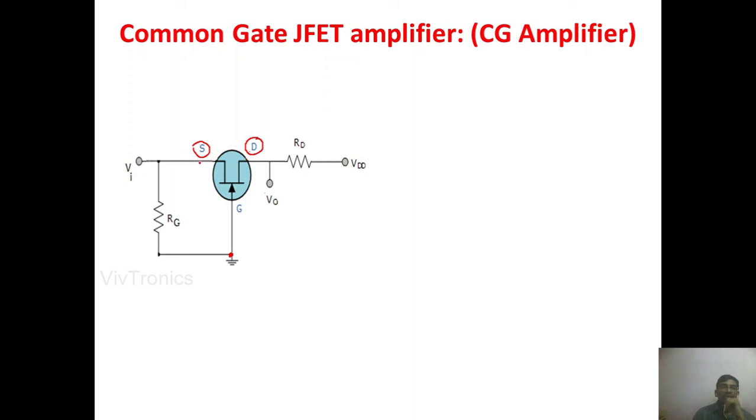We have applied VDD, the drain voltage, to the drain of our JFET, and RD is the drain resistance. At the input side we have the biasing resistor or gate resistance RG, connected between the source terminal and the gate terminal, and we are applying the input voltage across source to ground or source to gate.